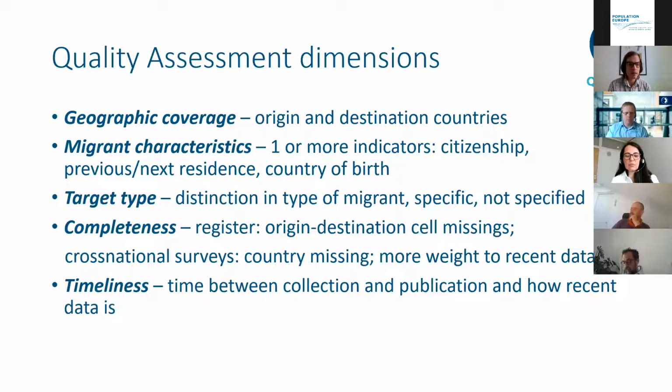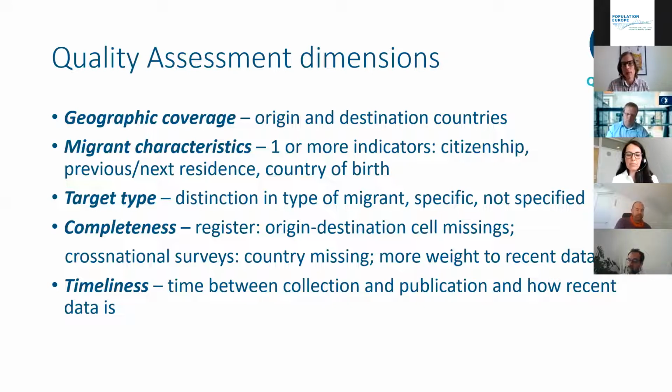Then the completeness. So for registers, this is really looking at origin destination combinations and seeing how many missings there are in these cells. Whereas for surveys, and definitely the cross-national surveys, missings would be more about seeing how consistently countries are covered in each wave of the survey.